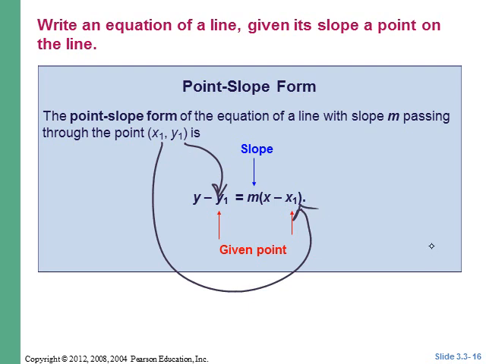So let's see how you would do that with the point slope form of the line. Write an equation of a line given its slope and a point on the line.